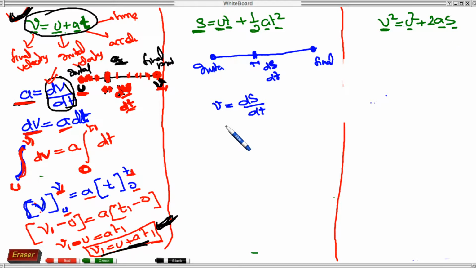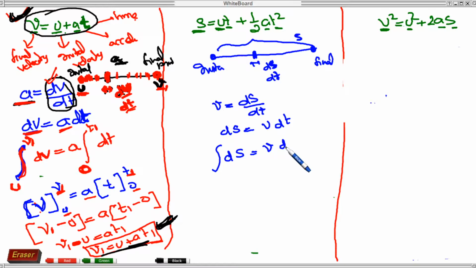So again we are doing something like this. ds is equal to v dt. We are going to integrate it, because suppose this is the distance s. So when we integrate ds equals v dt, here the distance is 0 and it keeps on increasing until it becomes s.